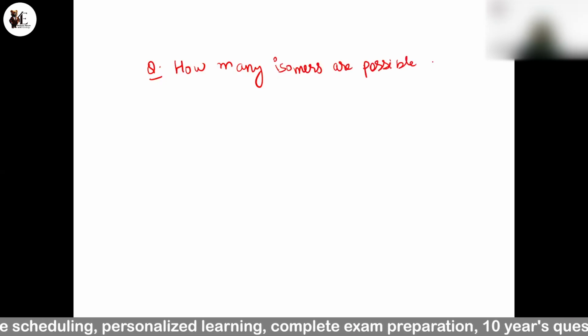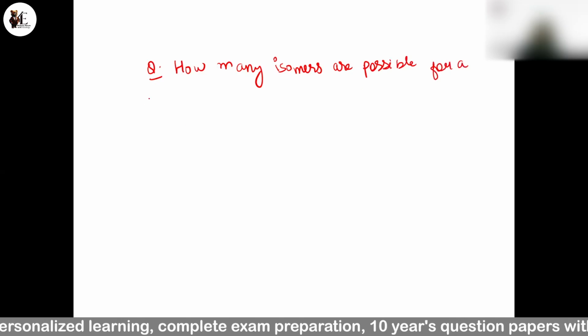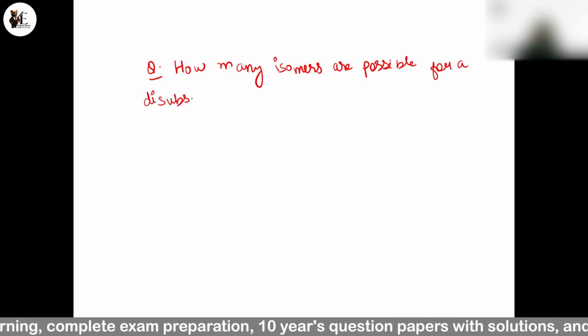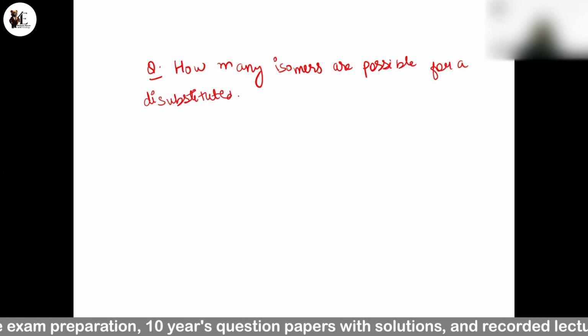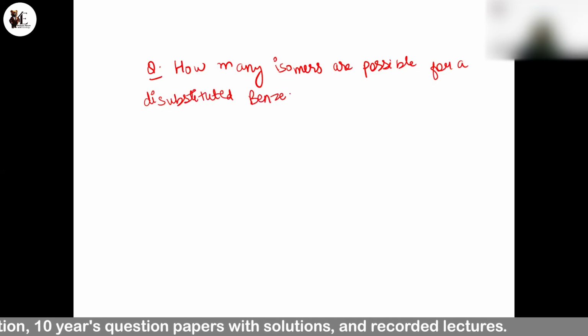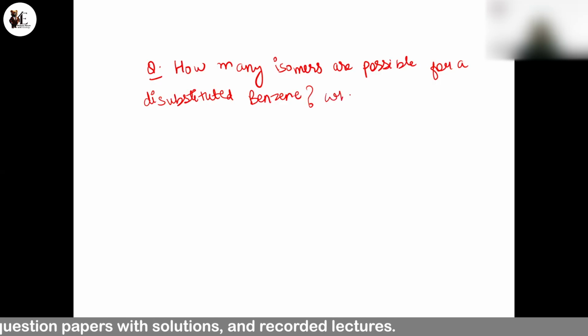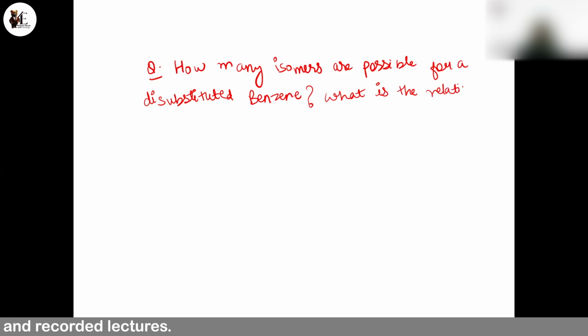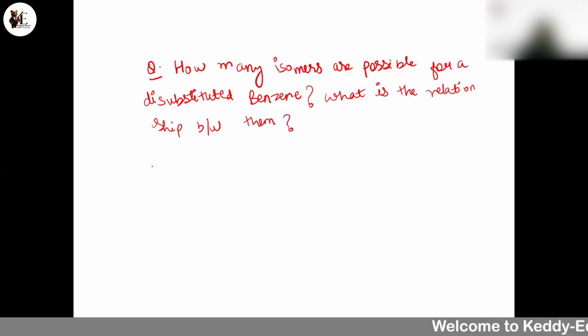Now, how many isomers are possible for a di-substituted benzene? What is the relationship between them? That means which isomer we call them? Chain, position, or functional, whatever.